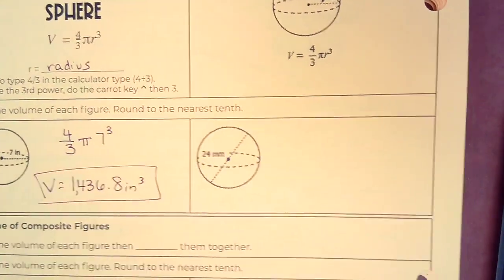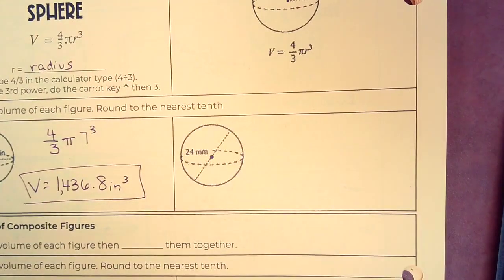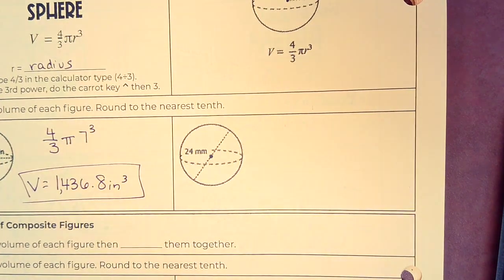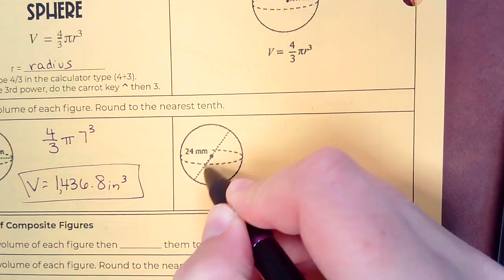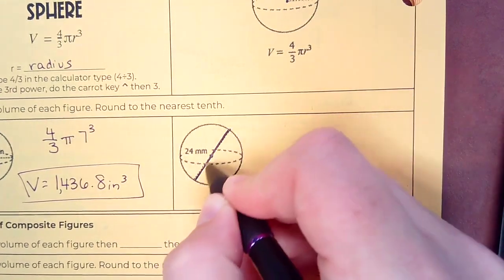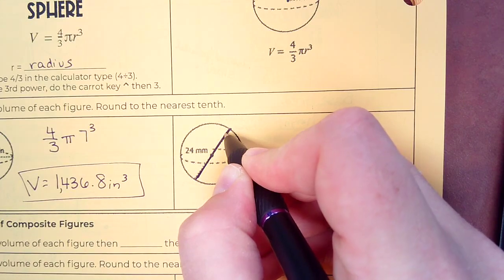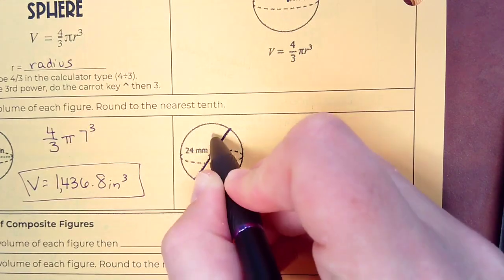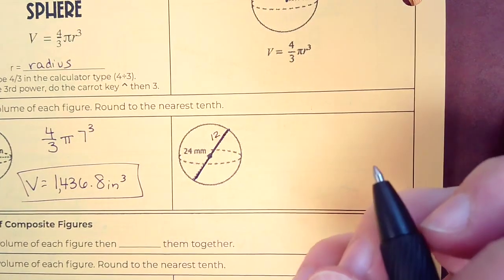The next one, let's see here. You could consider 24 your circumference, or you could picture it as being this diameter. For today, I'm going to picture it being the diameter, which means my radius would be half of that, being 12.